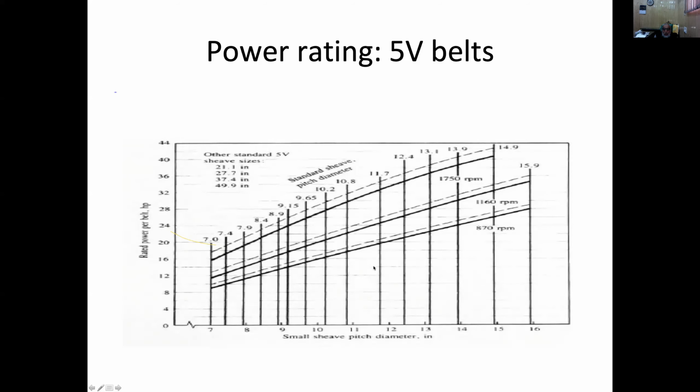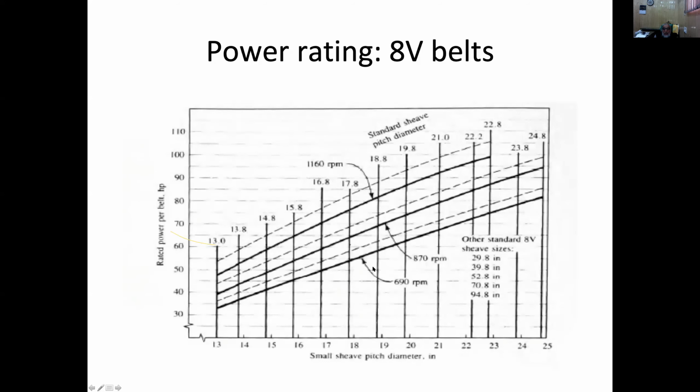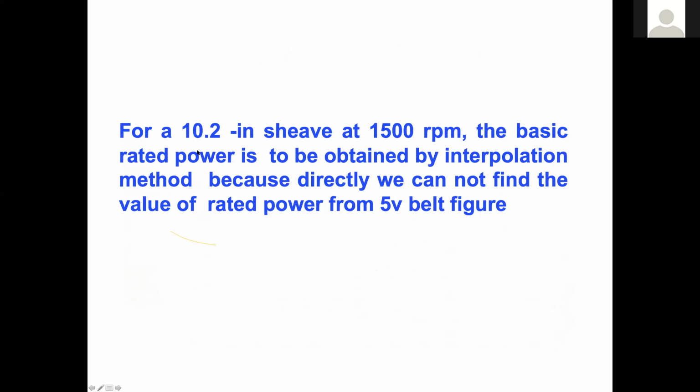So I will show you now for this problem. For a 10.2 inch sheave at 1500 RPM, the basic rated power is to be obtained by the interpolation method, because directly we cannot find the value of rated power from the 5V belt figure. Please don't talk in between.